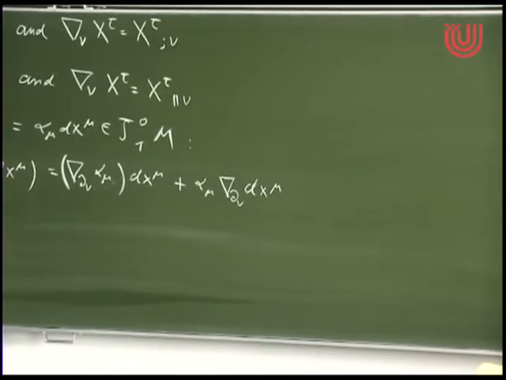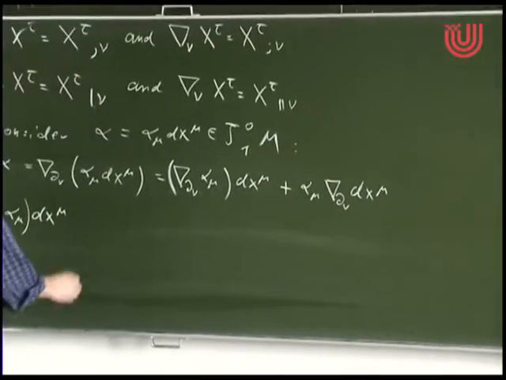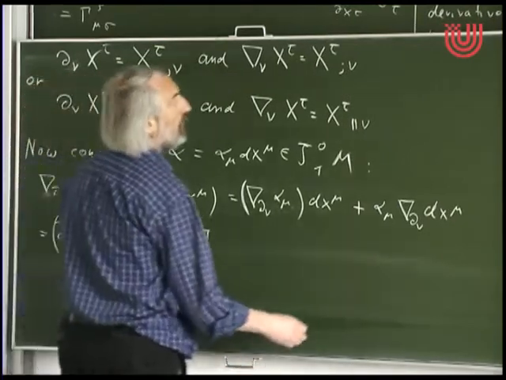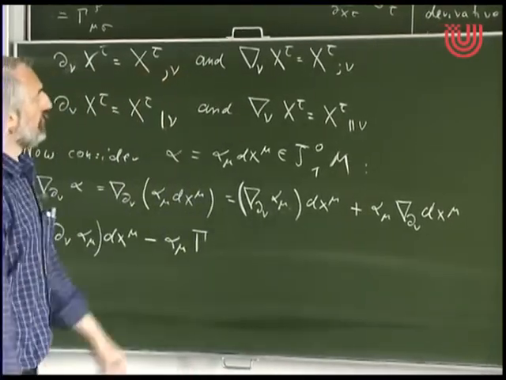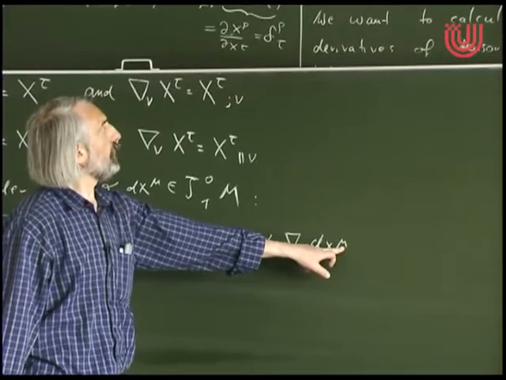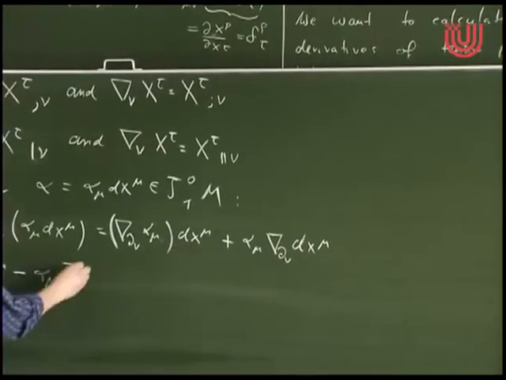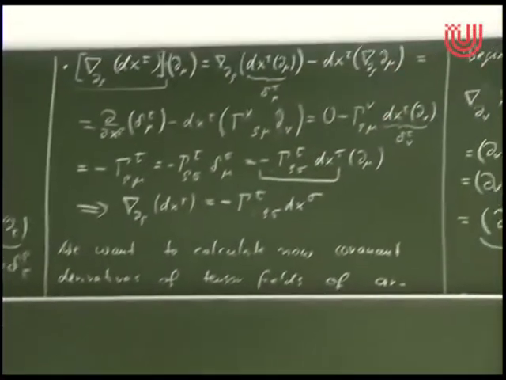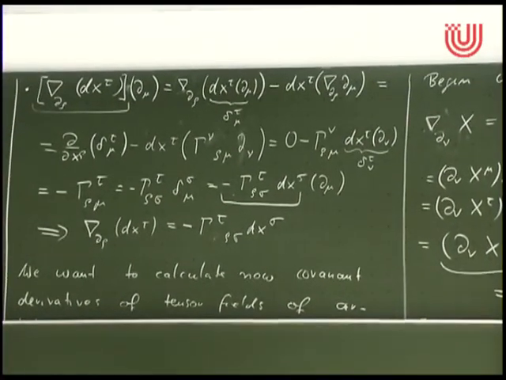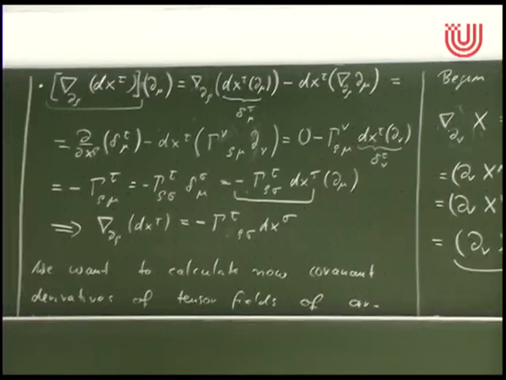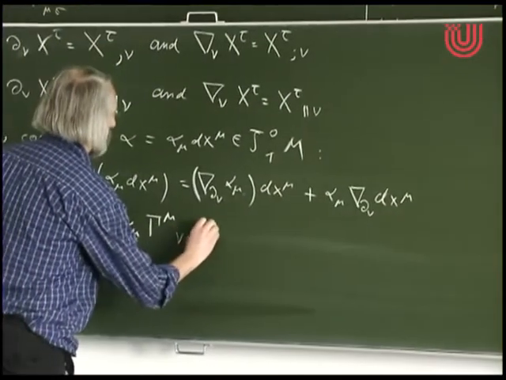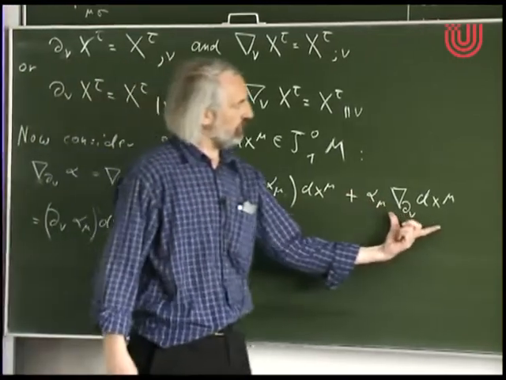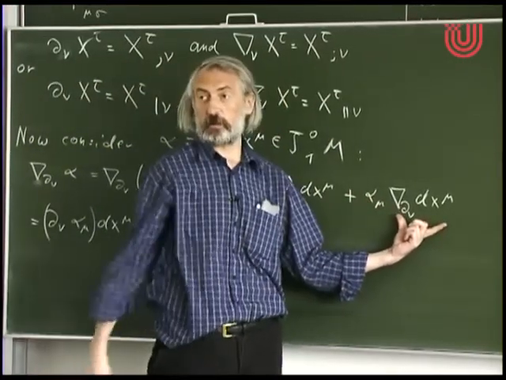It comes with a minus, so this is minus alpha mu gamma. How are the indices? The index on the basis vector is the upper index on the gamma, so I write a mu here. Then I need this index as the first one here, and a summation index, let's say sigma, dx sigma. I just inserted the expression which we had calculated up there.